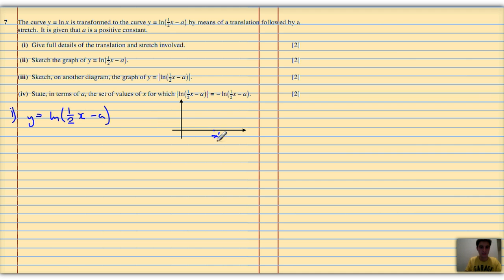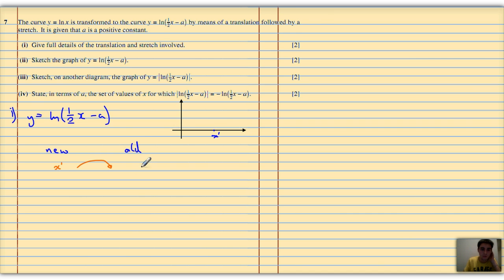So this is on my new curve. How do I find out what that value was on the old graph, y equals ln x?